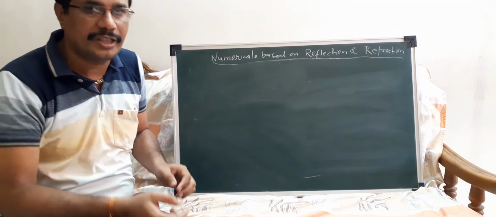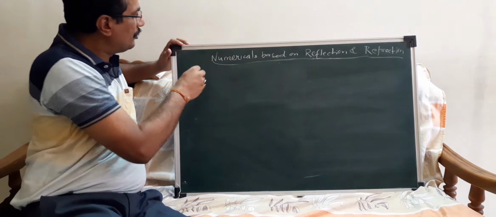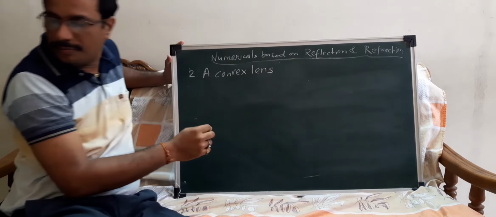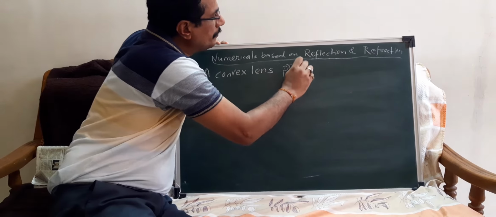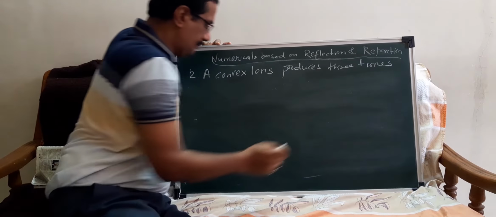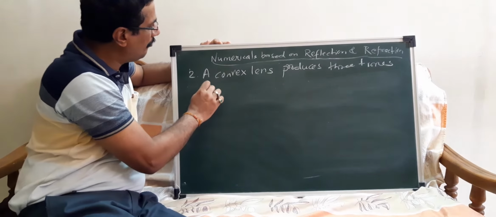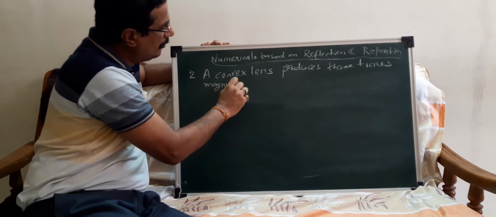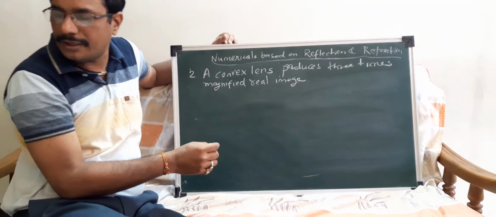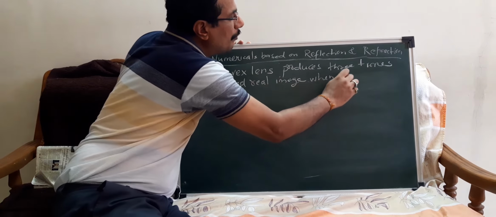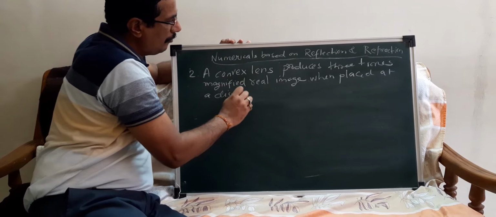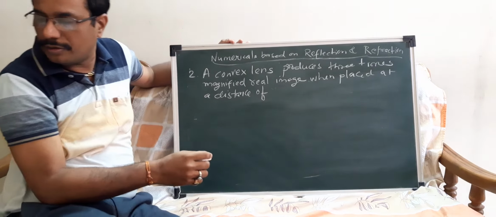Now what is the next question here? Second question: a convex lens produces three times magnified real image when placed at a distance of 20 centimeter from it.